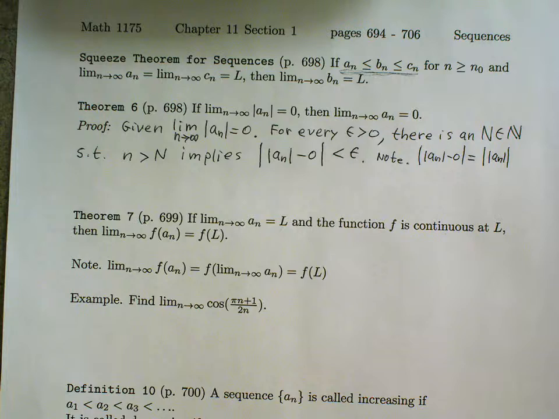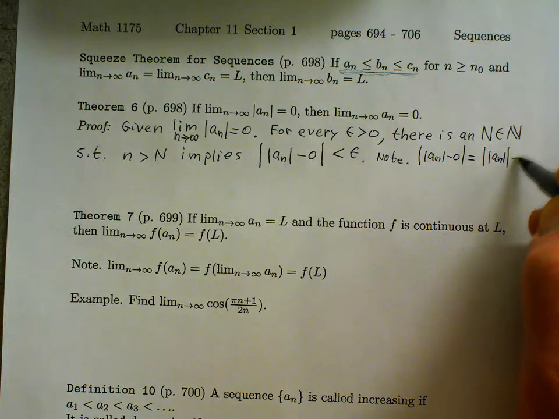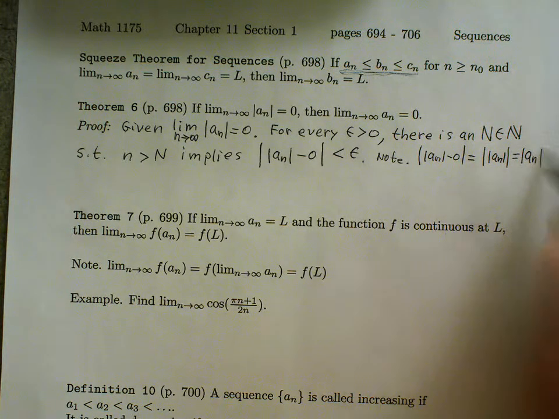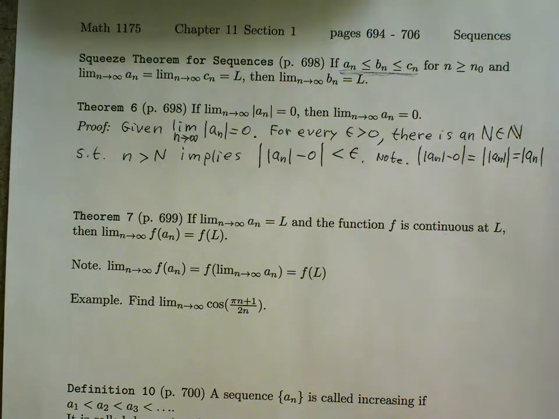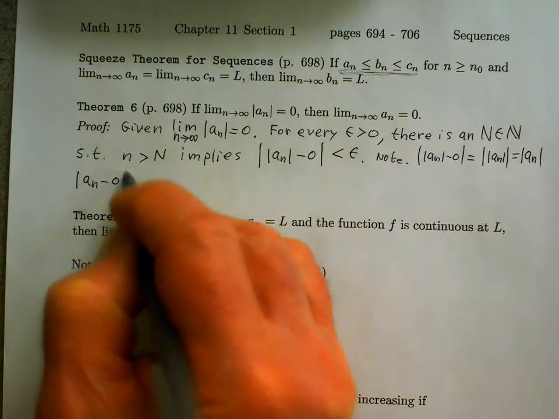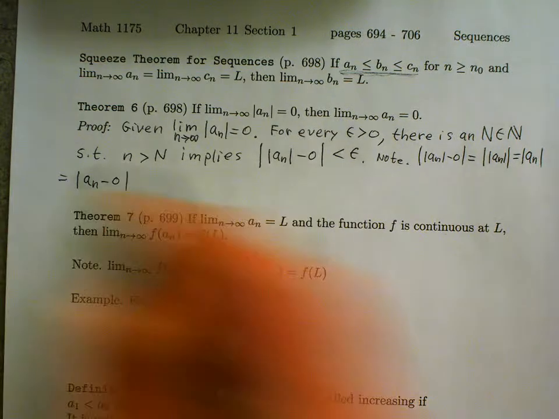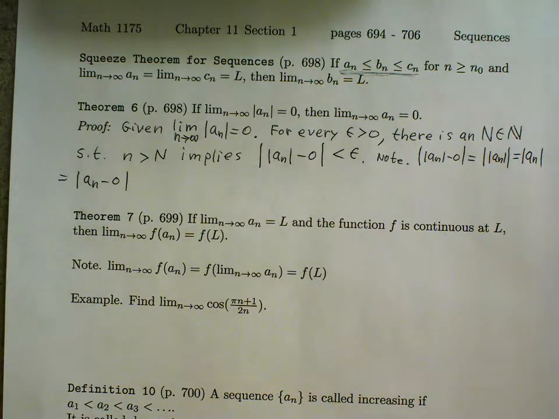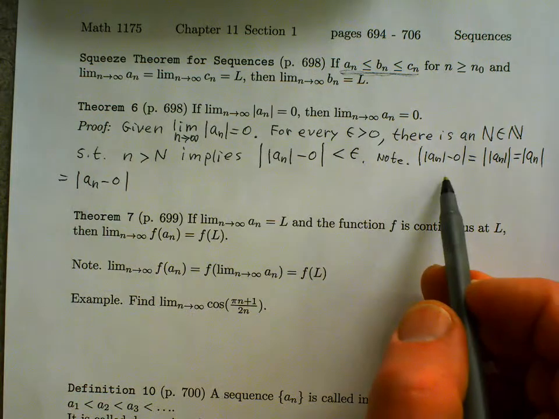The absolute value of a sub n is just the absolute value of a sub n. And the absolute value of a sub n minus 0 is equal to the same value. And so this must also be less than epsilon.